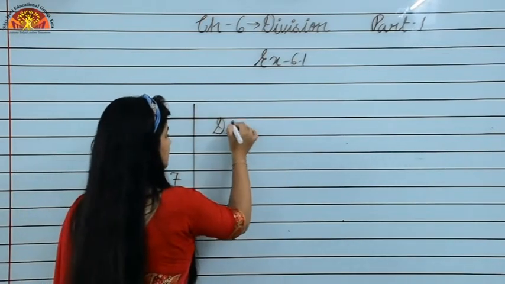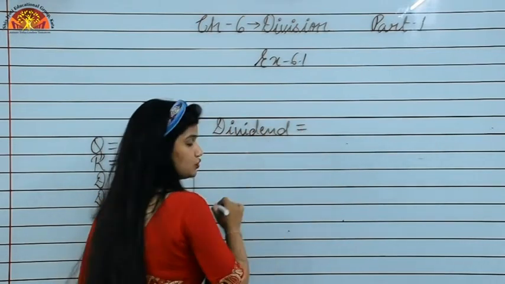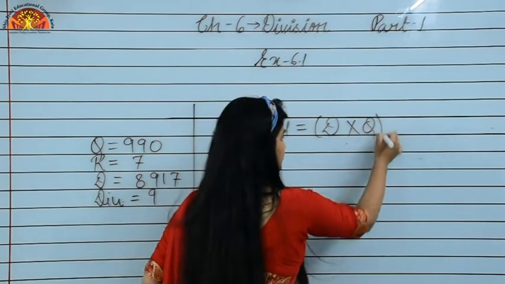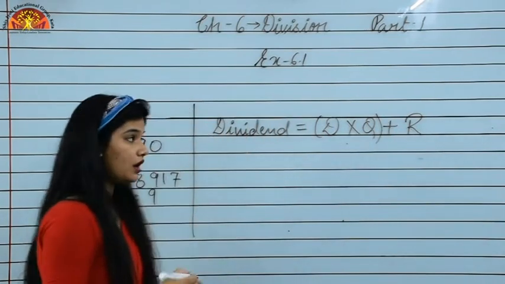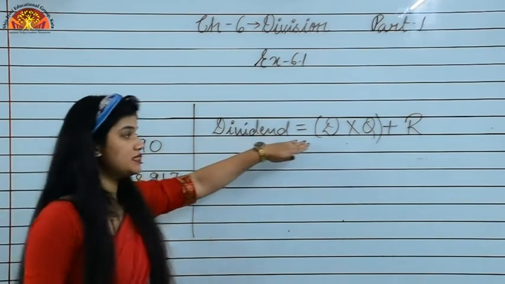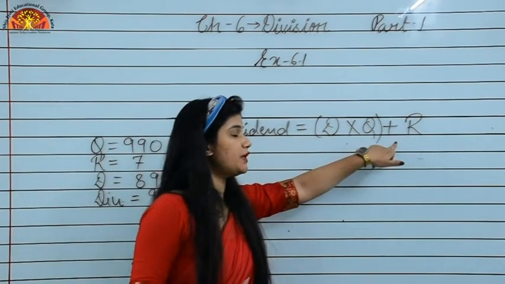The formula is dividend is equal to divisor multiplied by quotient plus remainder. What is the formula? How can you check your answer? The formula is dividend is equal to divisor multiplied by quotient plus remainder.